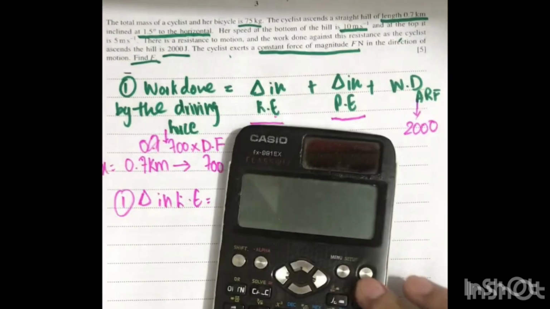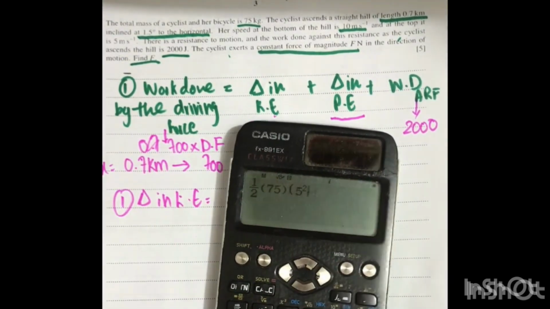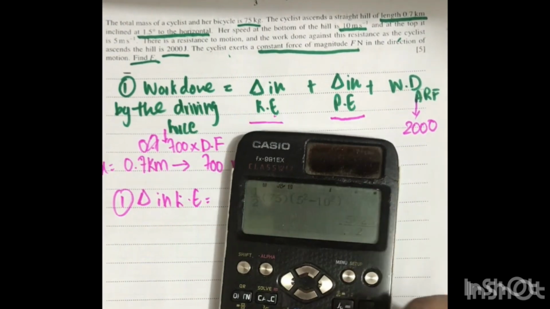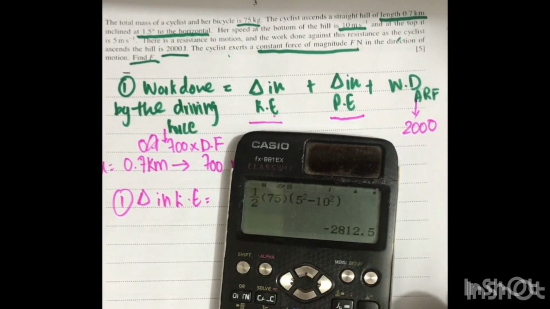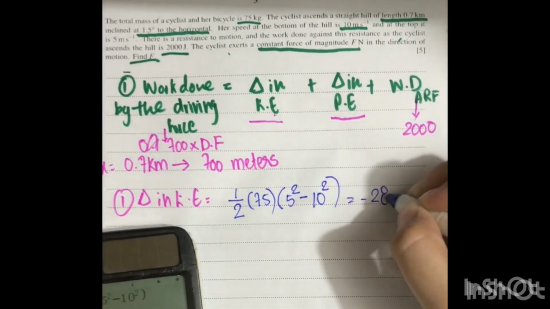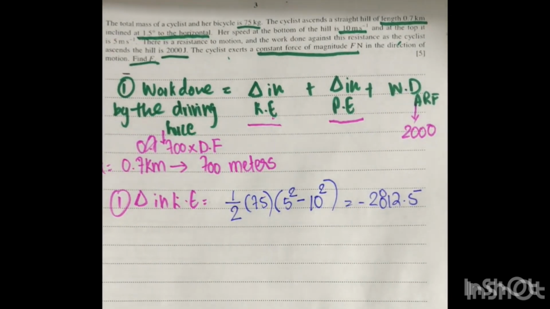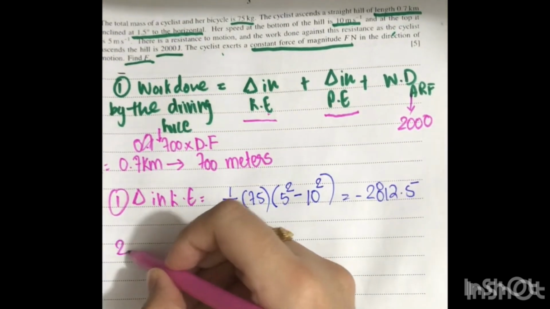So this is negative 2812.5. And then we need to find the change in potential energy.